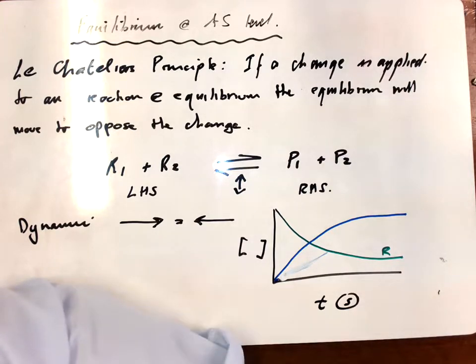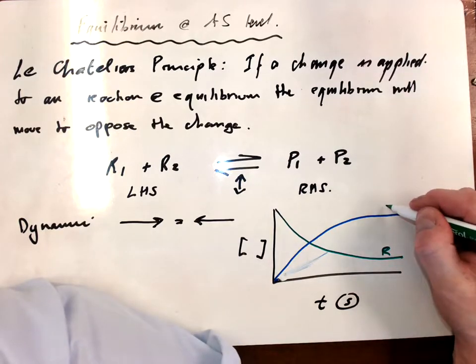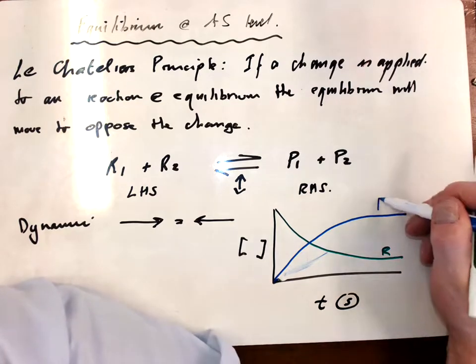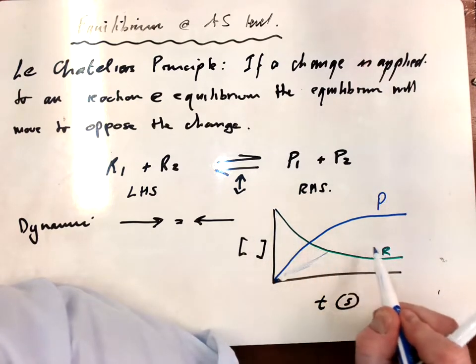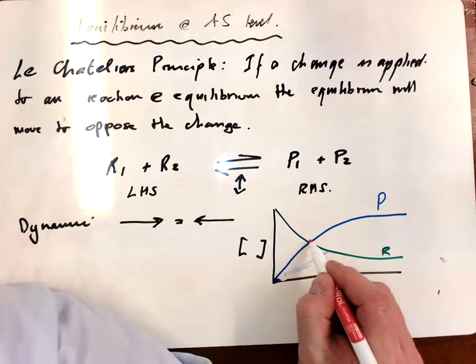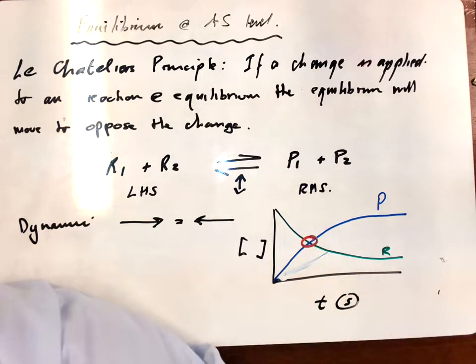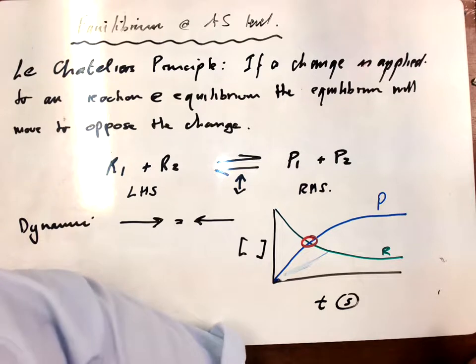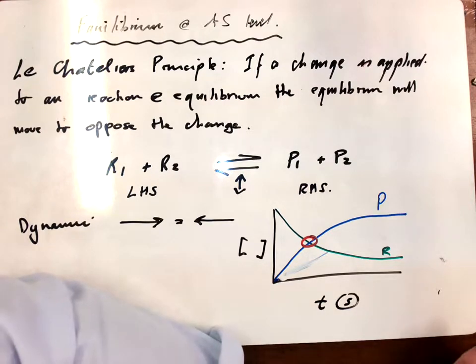And that's as you would perhaps expect. You would imagine that the concentration of reactants during a reaction will go down and the concentration of products will go up, and I'll often ask students, well, at what point therefore is this in dynamic equilibrium? And frequently the wrong answer we get is at this point here, where we see the lines intersecting, and students often think that that is where dynamic equilibrium has been reached.